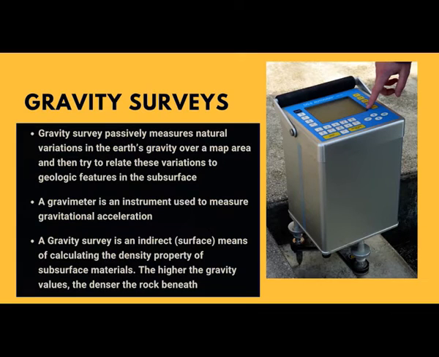A gravity survey is an indirect means of calculating the density of subsurface materials. The higher the gravity values, the denser the rock beneath. So both magnetic survey and gravity survey give an indication of what kind of rocks are present under the subsurface of the Earth.